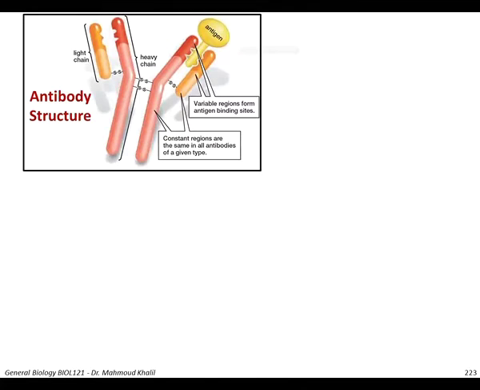So here you can see the structure of the antibody. Generally, the structure consists of two heavy chains and two light chains. The reason for the nomenclature is that the heavy chain is a longer polypeptide with a bigger size, while the light chain is a smaller polypeptide.